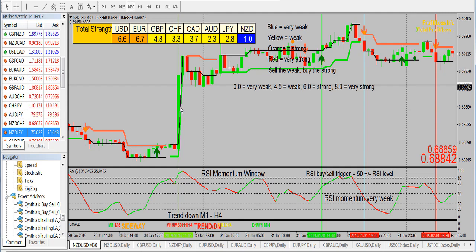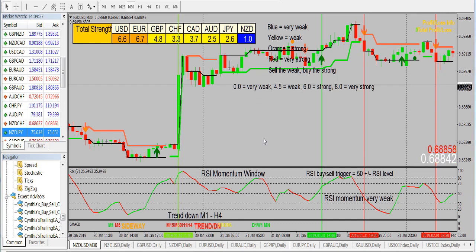So when this exploded, because the RSI was so strong, that was a clue that it was going to be a good trade, and it actually was a very good trade. The candle itself, from when it broke through, was 58 pips, so that was a nice breakout. That's what we would love to have all the time, but it doesn't happen all of the time.